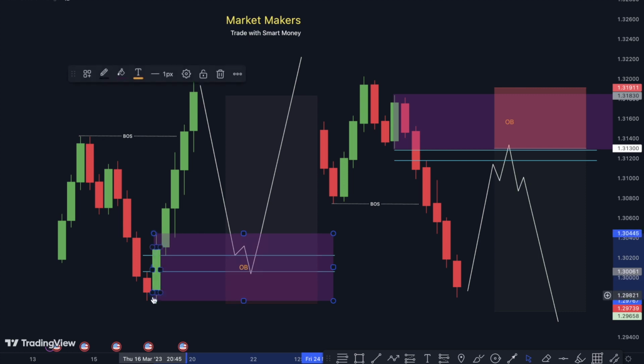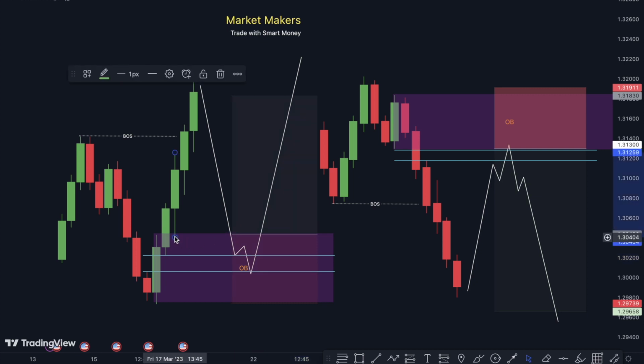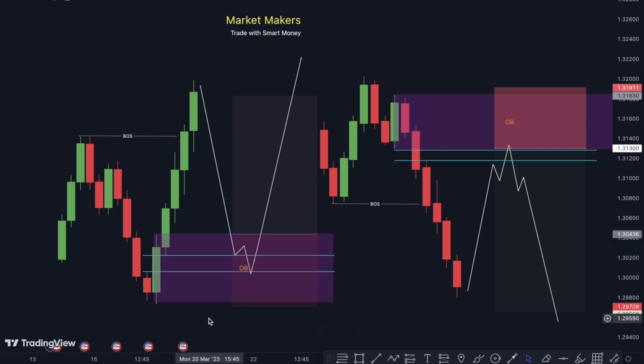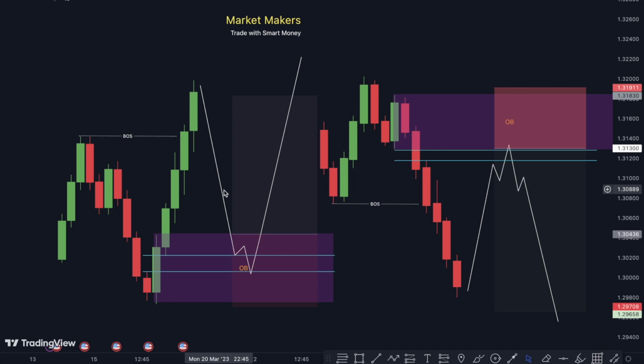We would mark this candle as our order block, and our entry would be here if there was inefficiency over here, and our stop loss would be below this order block. So we have a stop loss that is quite big, so to minimize that we would go to a lower time frame and refine the order block, look for inefficiency and enter the trade, right?